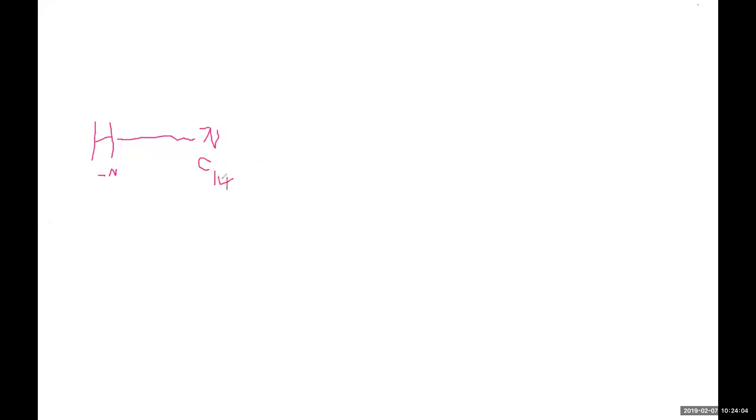Then you understand the process 0 to 14. Now the next 14 comes here. Again carbon-14, but it shows itself as silica.